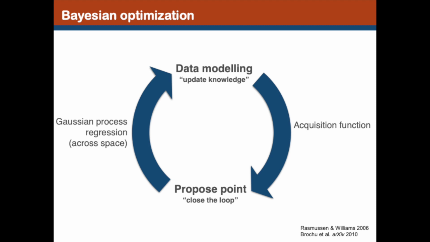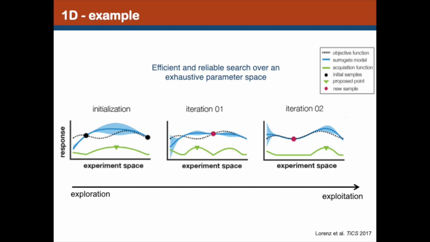And now just a 1D example of how this works. Here in this dotted line, we have our objective function. We have some prior beliefs about its landscape.